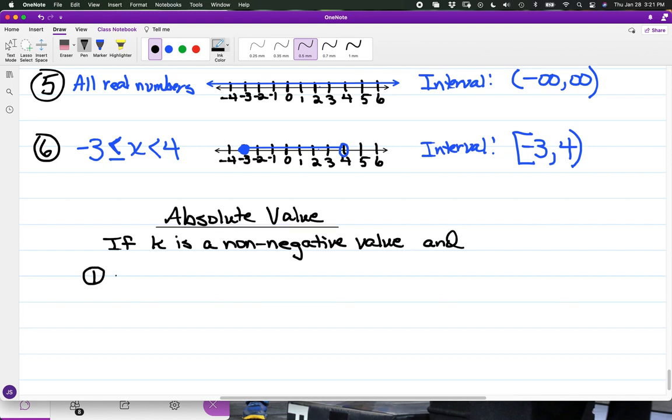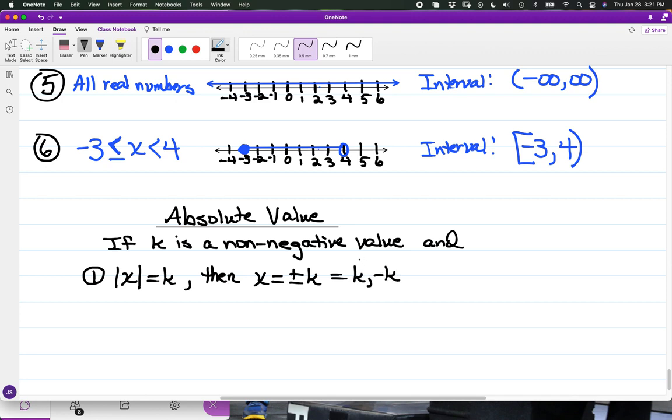If we have that the absolute value of x is equal to k, then x is equal to plus or minus k. So we have two specific values, k and negative k.